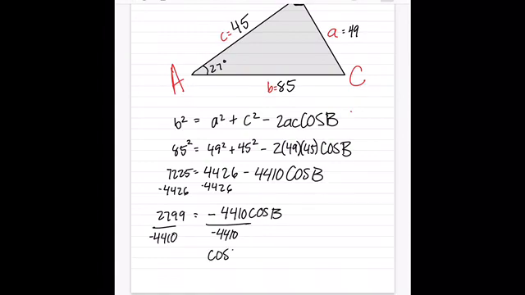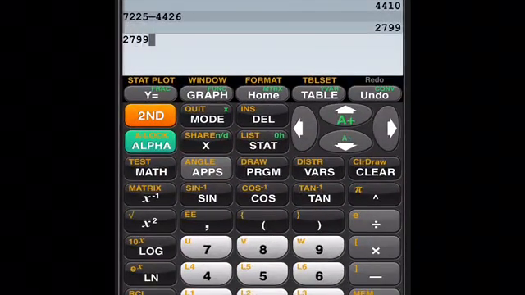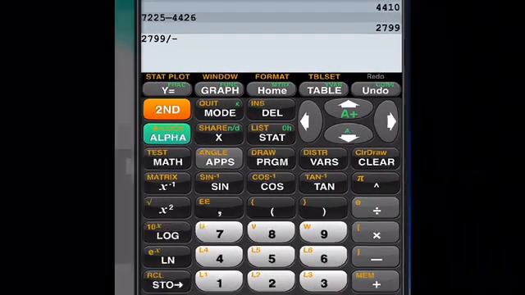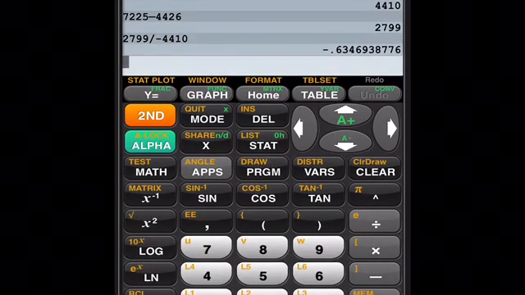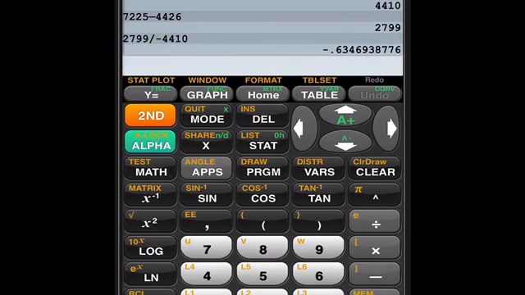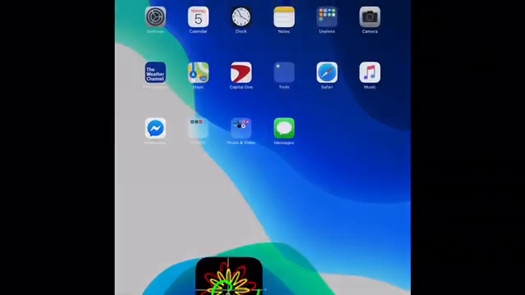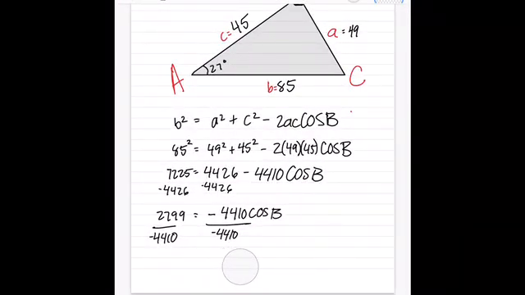So that is going to give me cosine B equal to 2799 divided by negative 4410. It gives me that crazy number, negative 0.64 and so on.